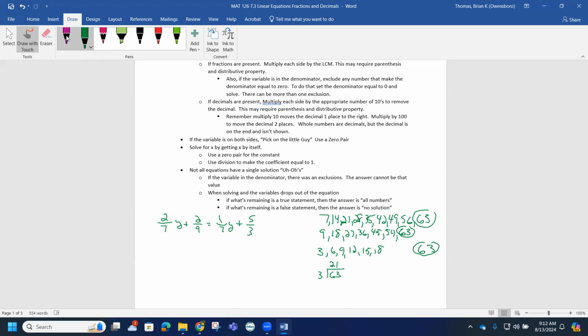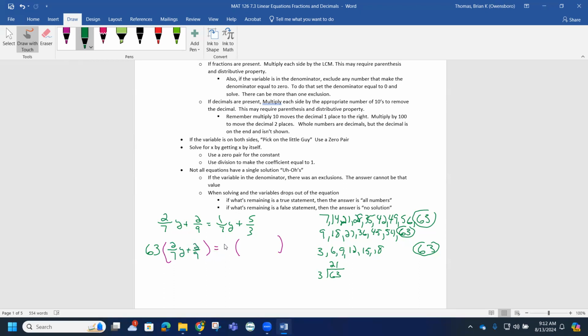So by using parentheses, I can multiply 63 and make a set of parentheses here. I'll go ahead and make a set of parentheses over here, so I can go back to my other color. So we have this 2/7 y plus this 2/9.